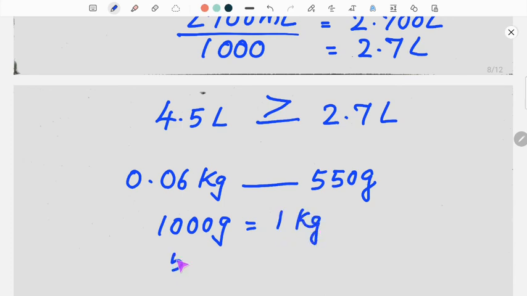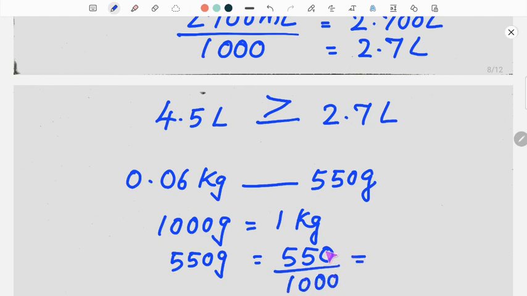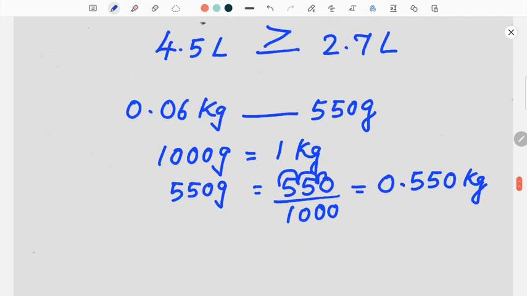So 550 gram is equal to 550 divided by 1000. Shift the decimal 3 places to the left side. 1, 2, 3. So 0.550 kilogram.